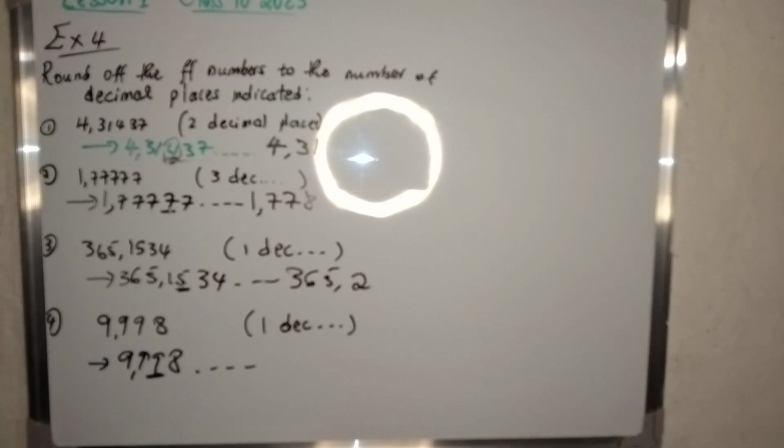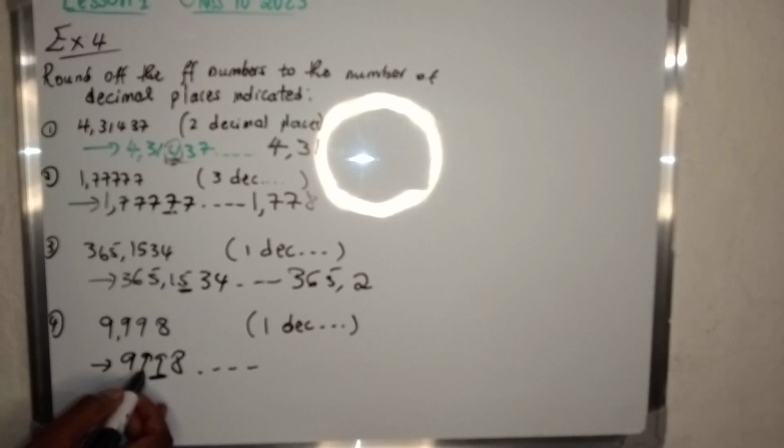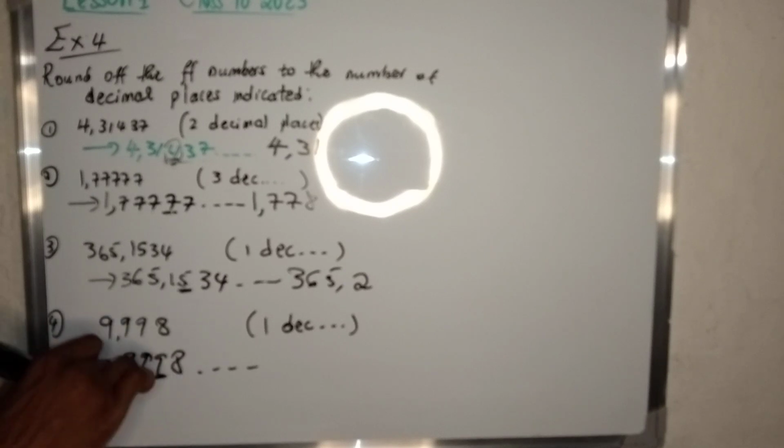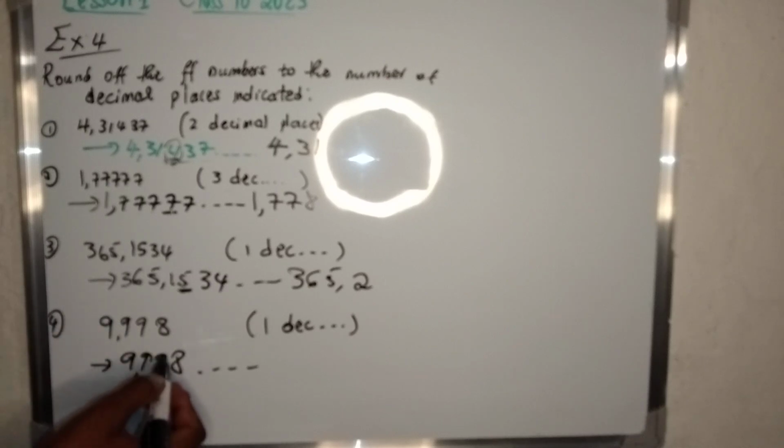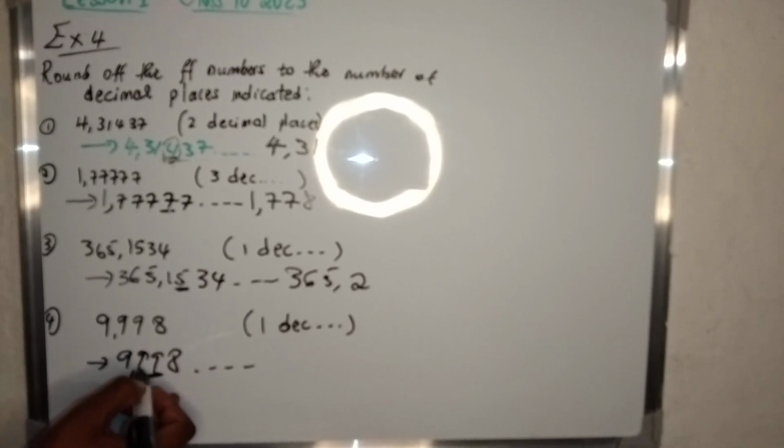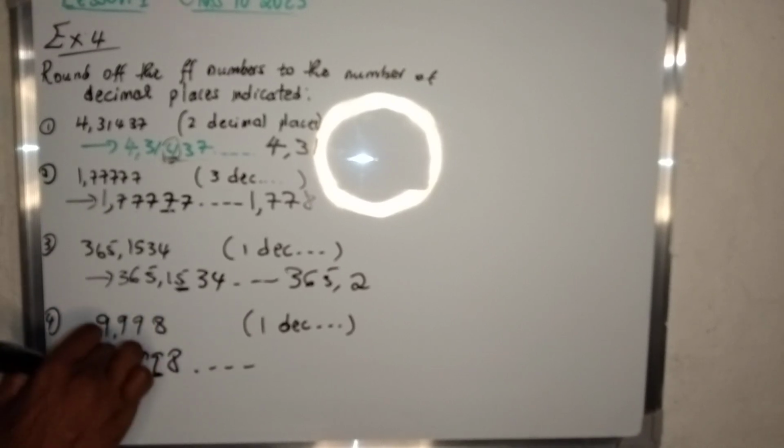But guys, I want you to look at this one carefully. When we take 1 and add it here, it becomes 10. And when I have 10 now, the rule says you must also add that 1 to this 9 here before the comma. So we take 1, it becomes 10. And once we have 10 here, we must also add it here.